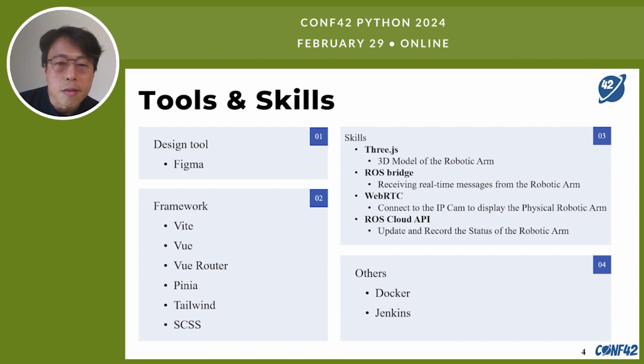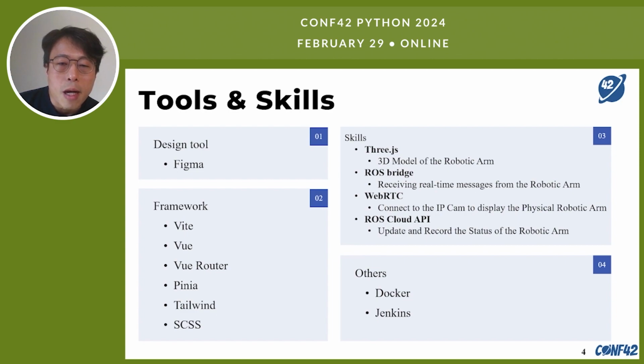We also chose some skills here. One is three.js, to operate the 3D model of the robotic arm in our virtual environment. We use ROS bridge to receive and subscribe to the messages from the robotic arm between the physical and virtual environments.